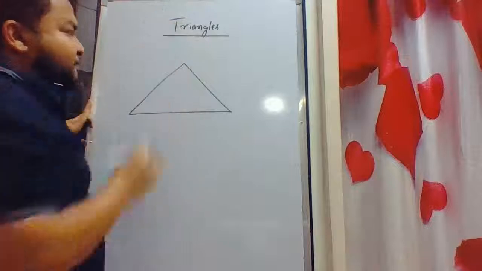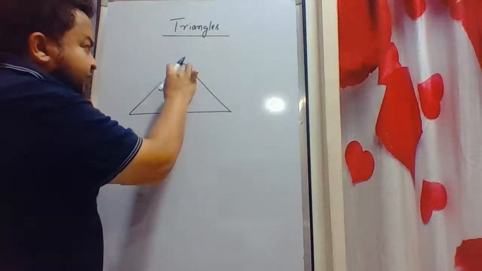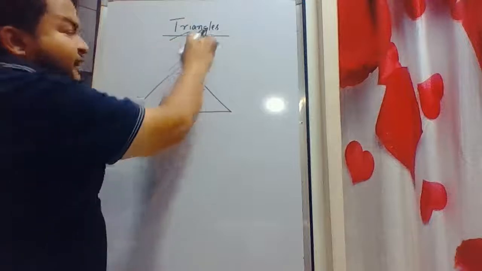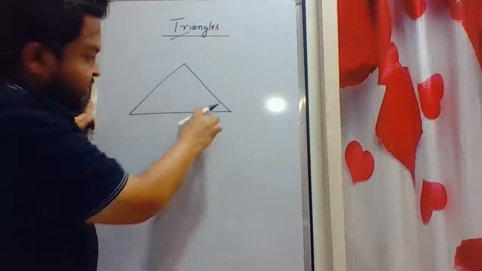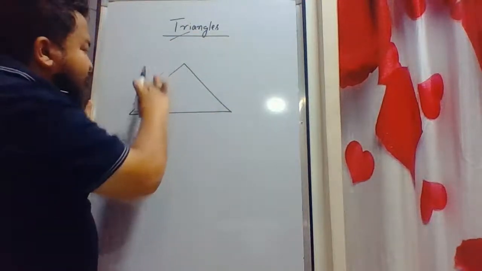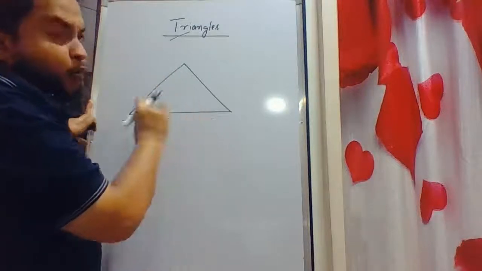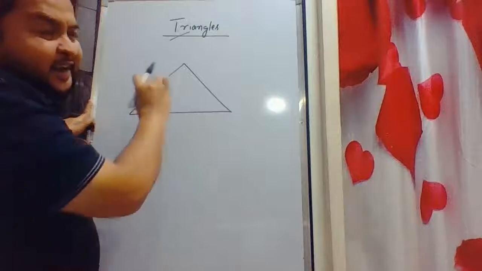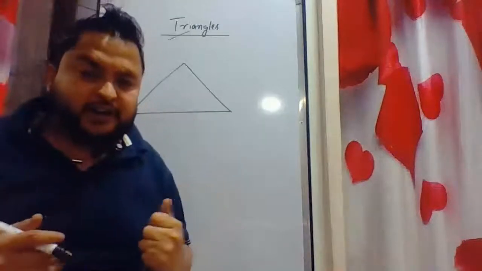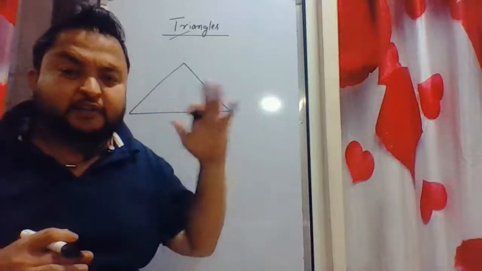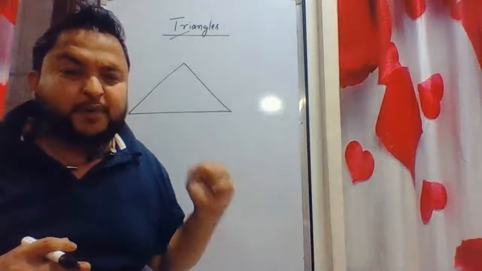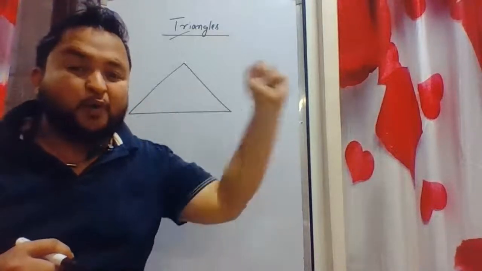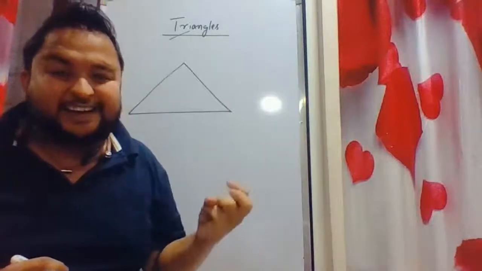And as the name indicates, we have three angles. Tri means three, angles is each of these angles. So when we have a bound geometrical figure which has three angles, the first and foremost thing that we have read from our childhood is that in a given plane, the minimum number of straight lines that you need to form a closed surface is three.